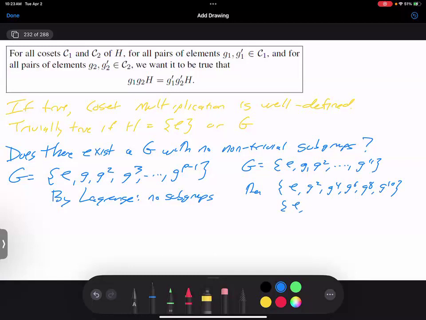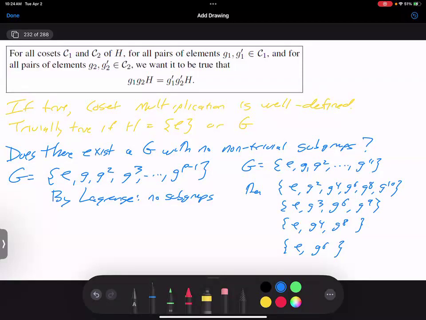I could have e, g cubed, g to the 6th, g to the 9th. I could have e, g to the 4th, g to the 8th. I could have e, g to the 6th. I could have lots of subgroups in that case. But if I choose my group to have prime order, then it has no subgroups.